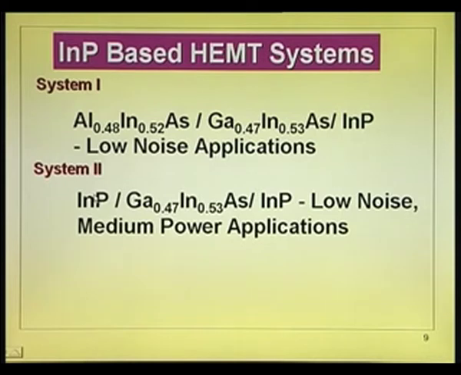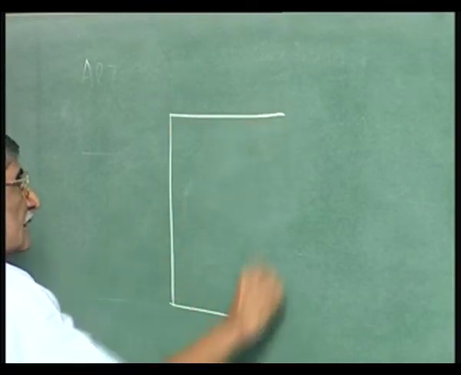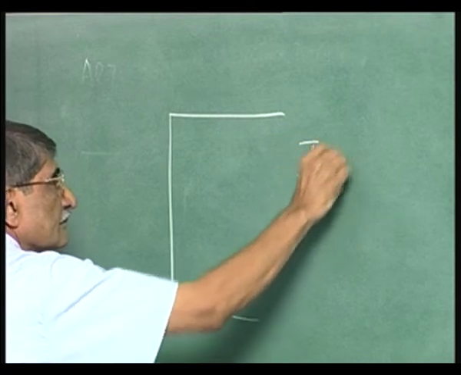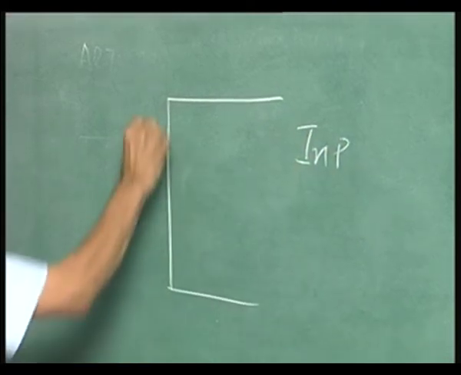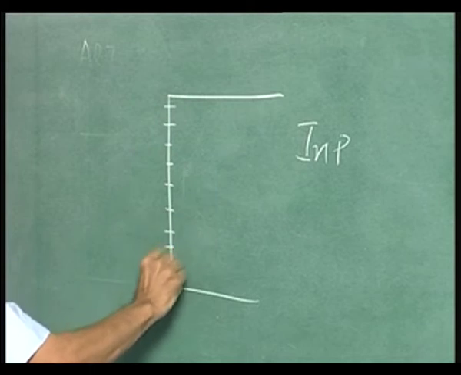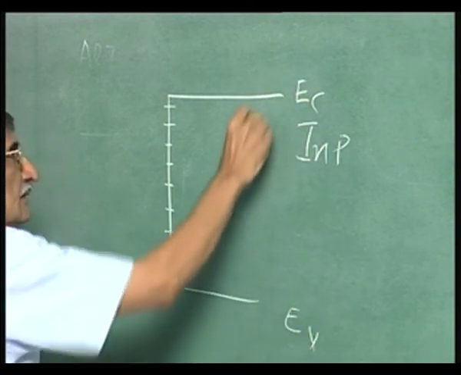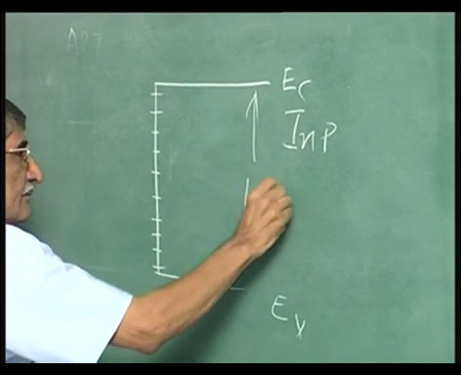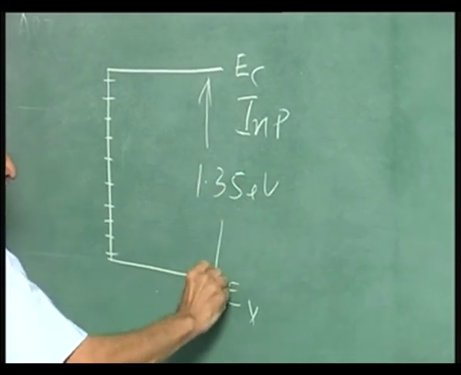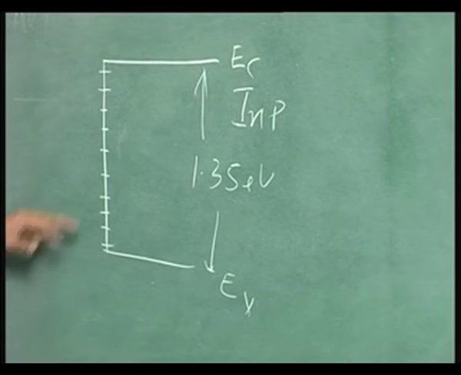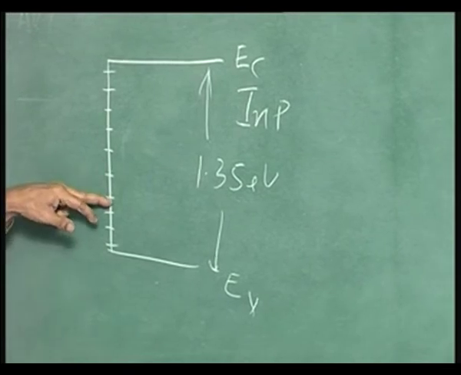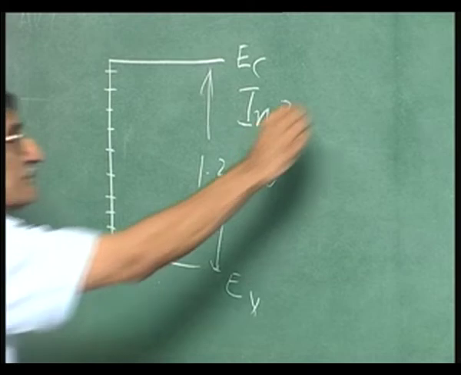In fact, it is a tremendous disadvantage for making a Schottky barrier on indium phosphide. See, if I take indium phosphide, you have got all those levels, conduction band, valence band. This may be 1.35, around that point.